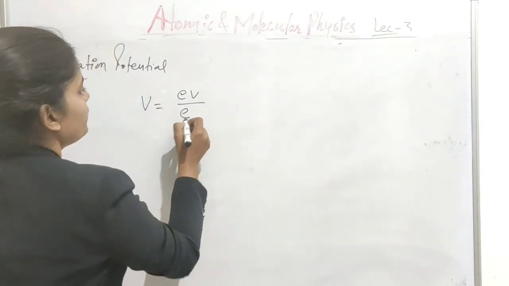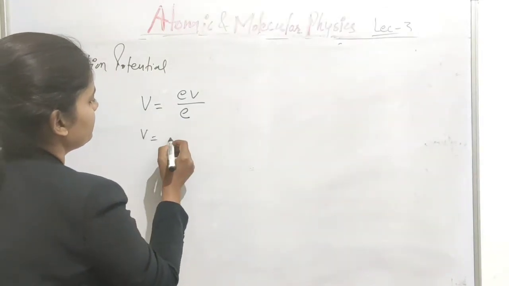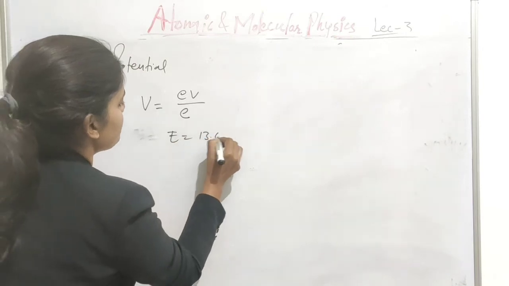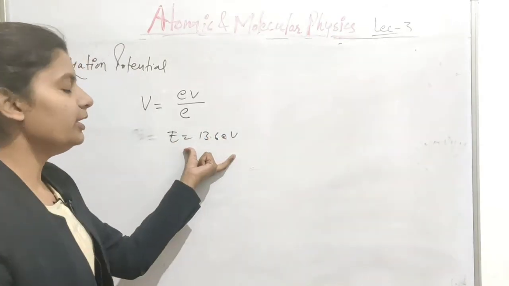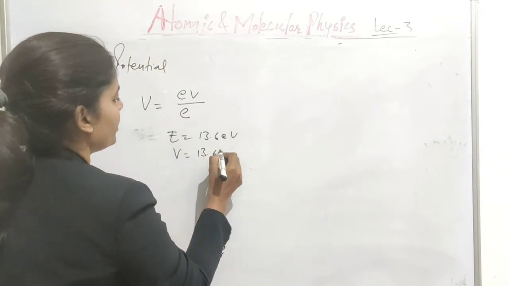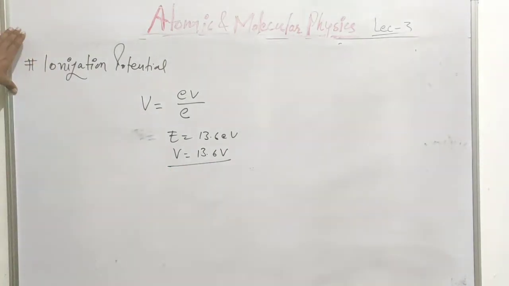So per unit charge, cancelling the charge, if suppose we have energy equal to 13.6 electron volt, then corresponding to this energy the ionization potential will be 13.6 volt. So this is the term ionization potential. So this is the lecture.